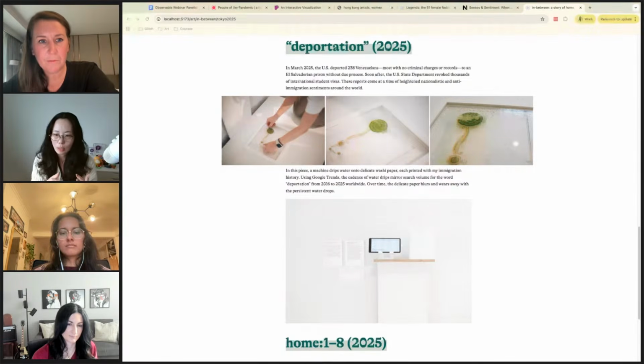With this piece, the visualization is all of the countries I've lived in, represented as tree rings. Each ring represents a year lived in the country, and the links are essentially wind.